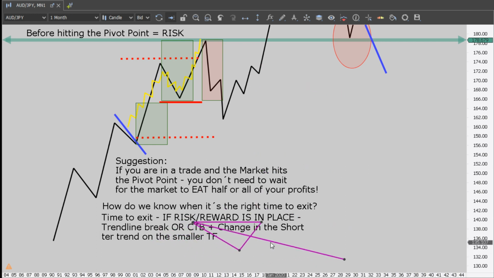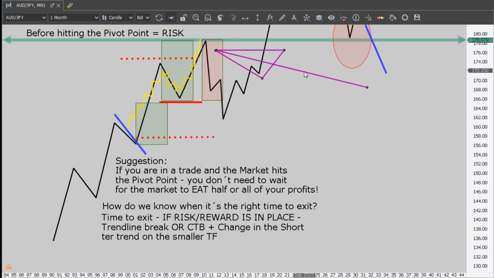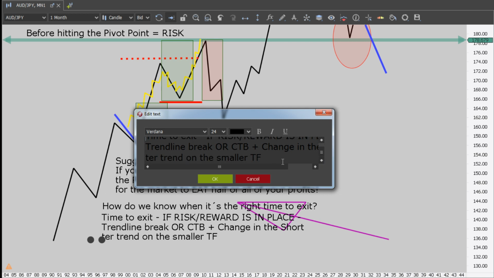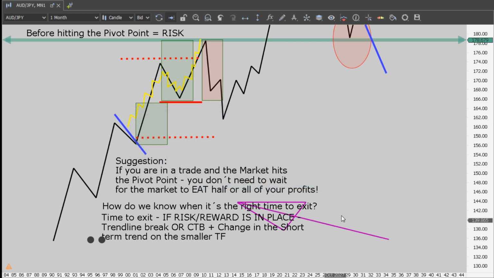So time to exit: if risk reward is in place, trend line break or counter trend line break, it doesn't matter, plus change in the short term trend on the smaller time frame.